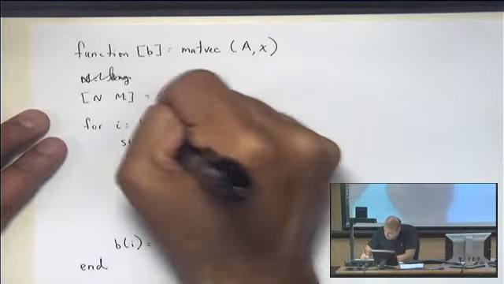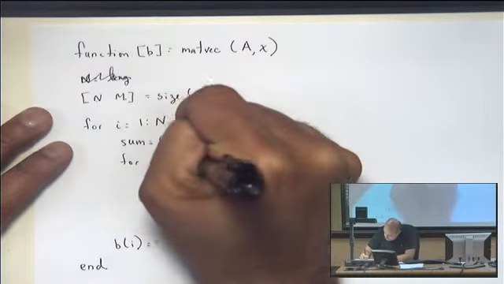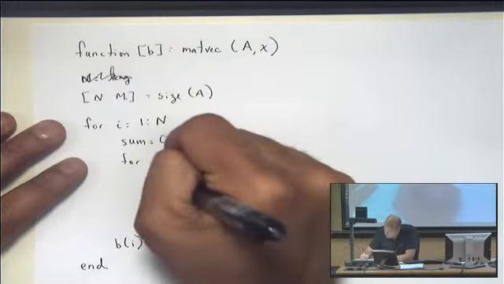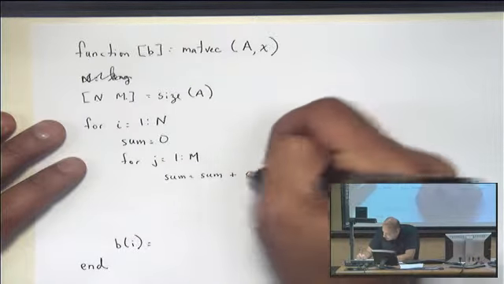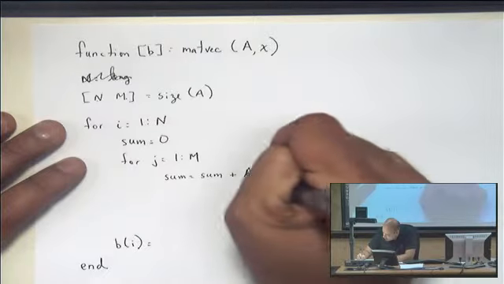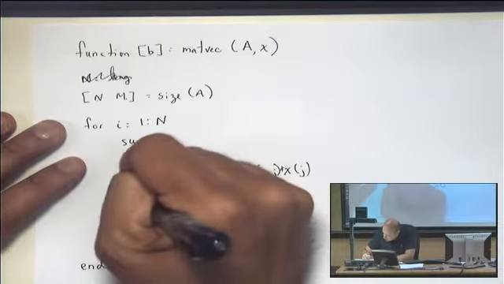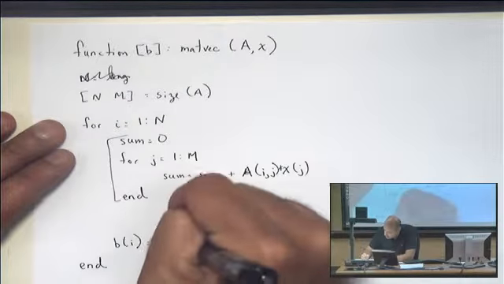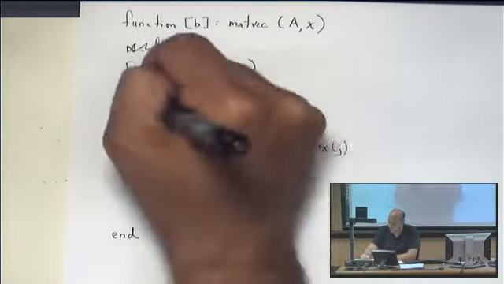This is a nested loop. There's just an aij times xj, and then this bi is just going to be equal to this sum I did here, so that's sum, and that's it. That's the whole code. It's a nested for loop. There's a for loop within a for loop.